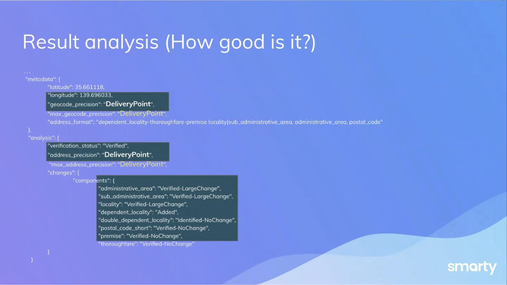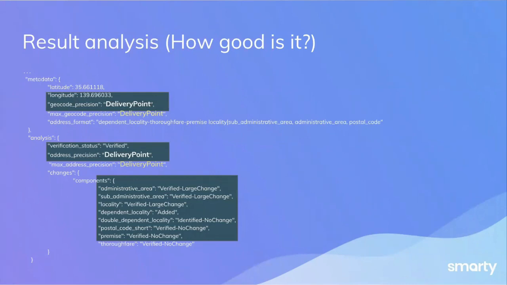So what you need to do is look at the max geocode precision or the max address precision. You can see that just below those top small blue boxes. In this particular country, the max geocode and max address precisions are both delivery point. That's as good as you can get.